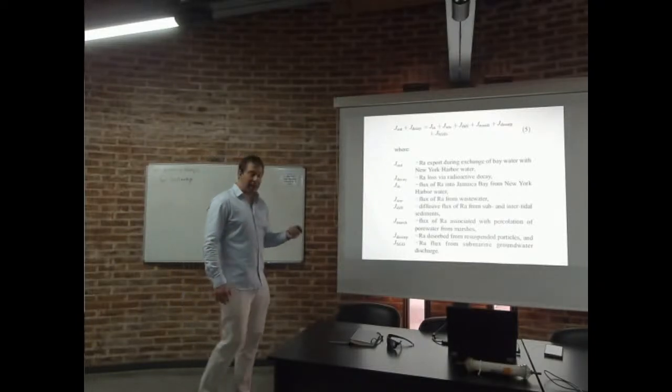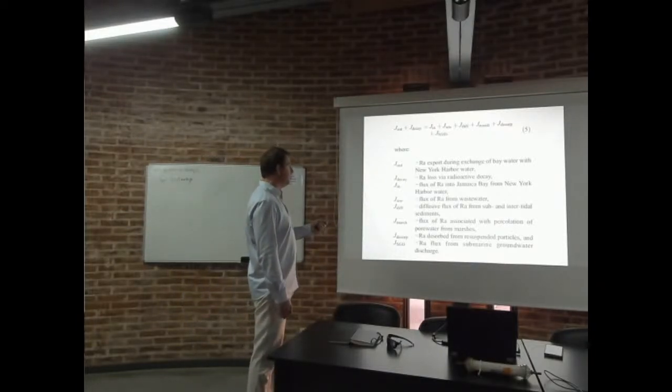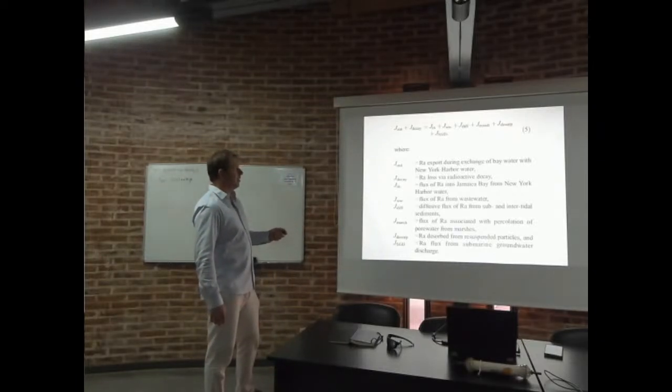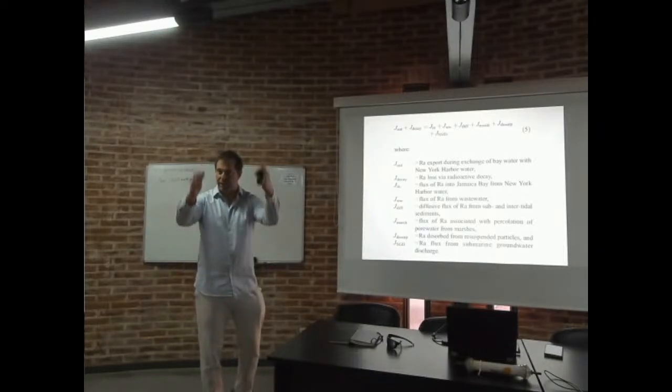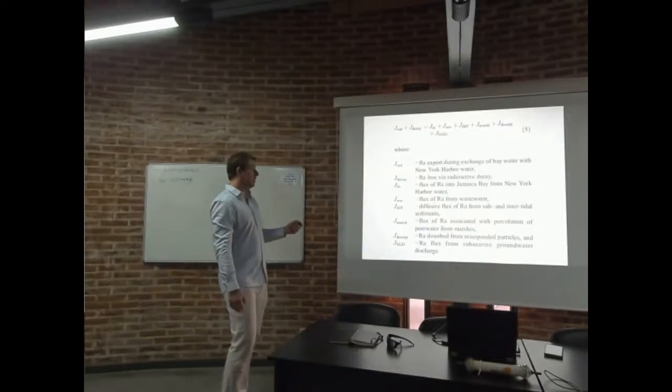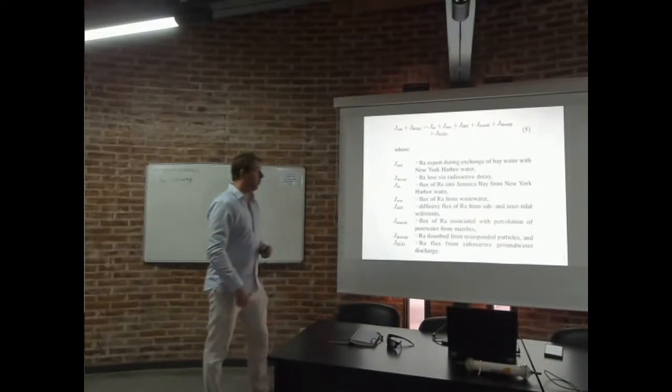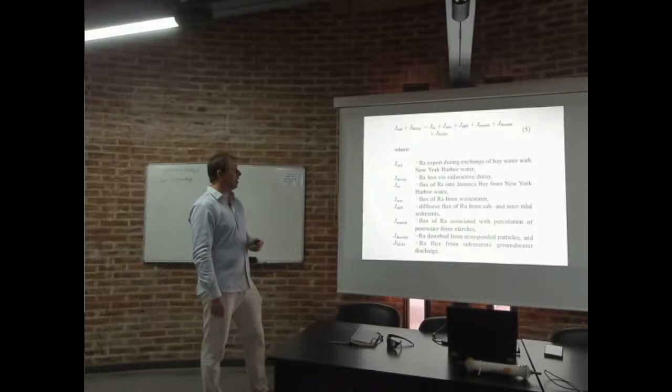So in Jamaica Bay, and we use J for Jamaica, this is our mass balance. So J out, that's what goes out through the inlet, plus the decay. Those are our movement outside of our box.